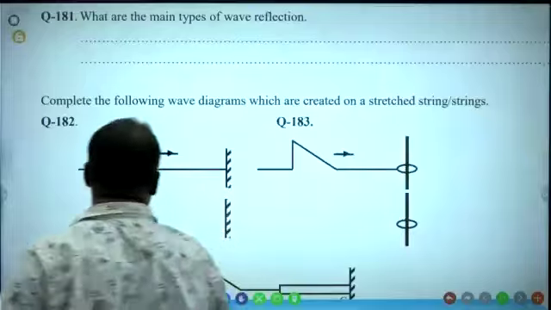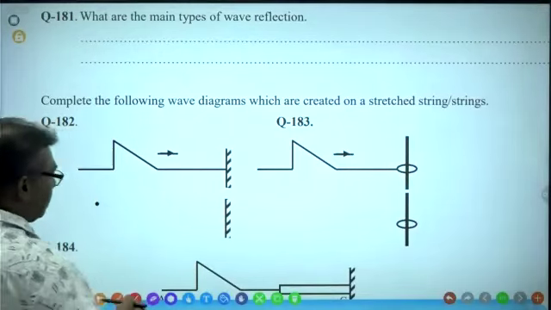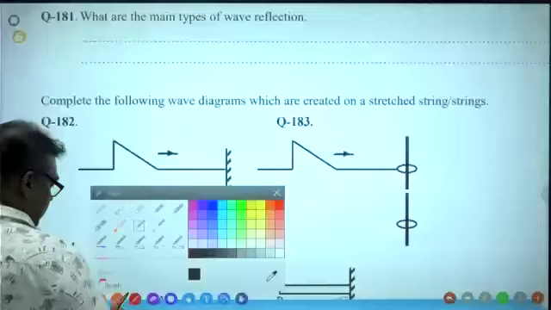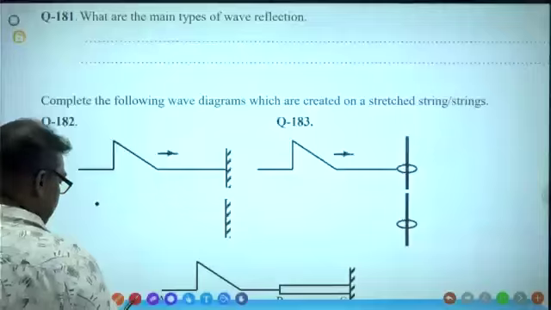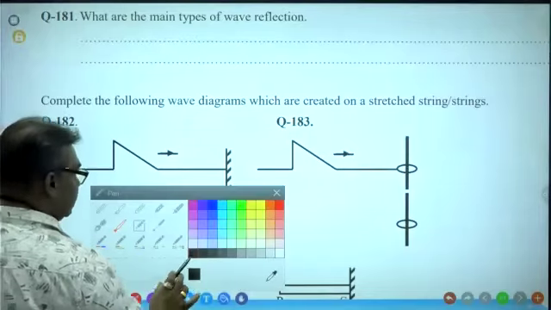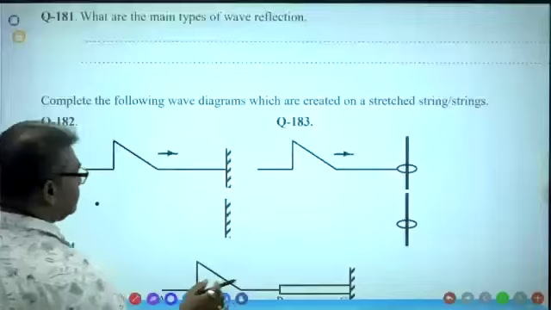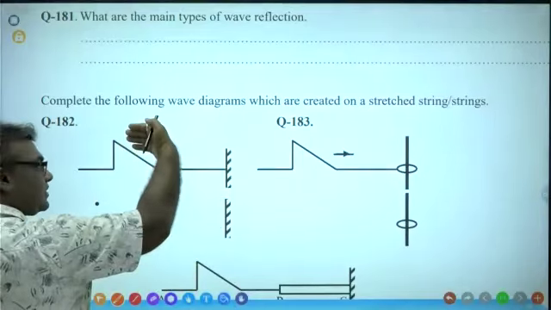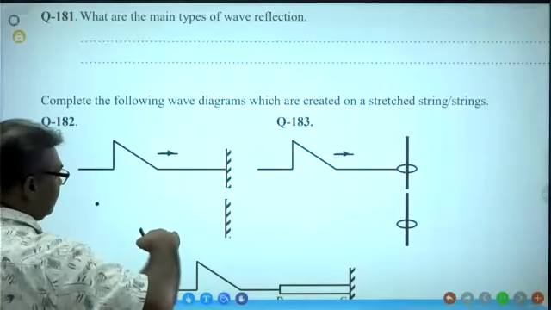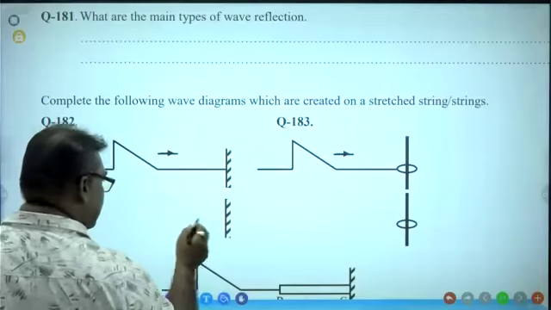Okay, this is rigid boundary. Then the wave pulse will be reflected like this now. Here, rigid boundary, then wave pulse is completely changing its phase like this.